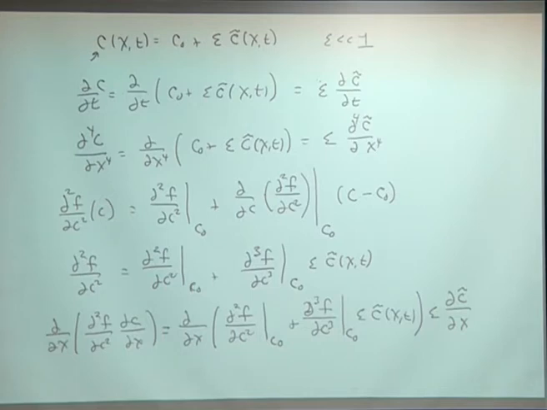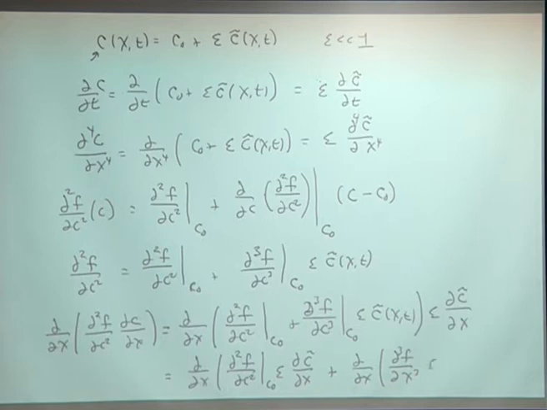Okay? And so this becomes C0 epsilon partial c tilde with respect to x plus the third derivative of f with respect to x times the partial times epsilon squared with respect to x. Right? Look okay?